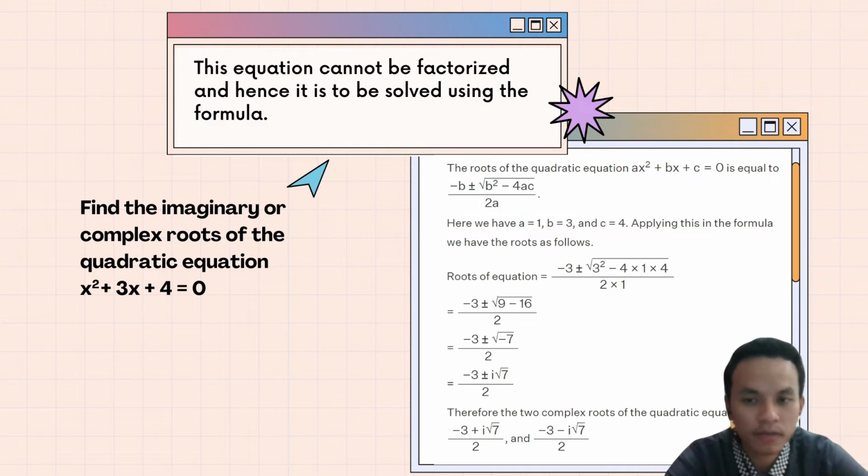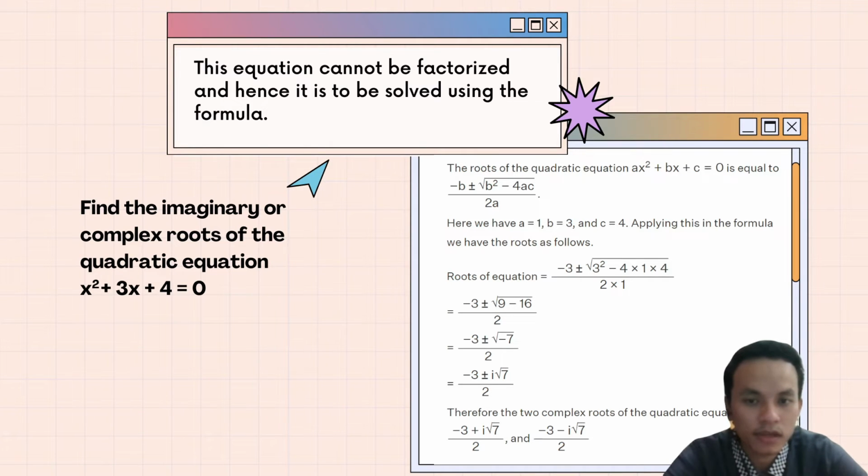Here, if we compare to the quadratic equation given in the question, we will have a equals to 1, b equals to 3, and the value of c is 4. So we must apply this in the formula.